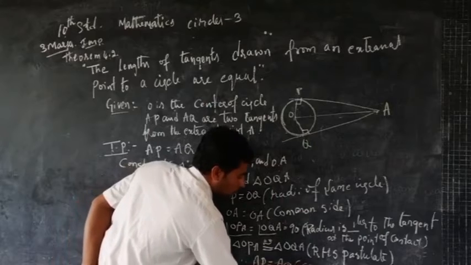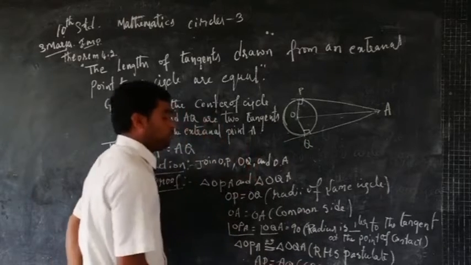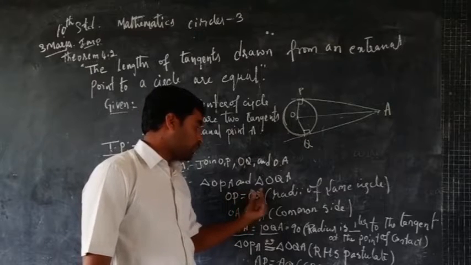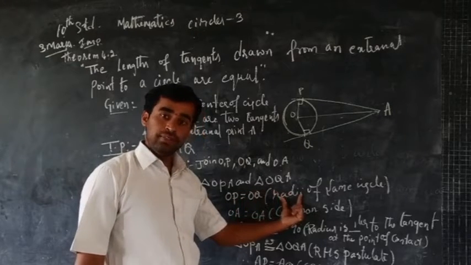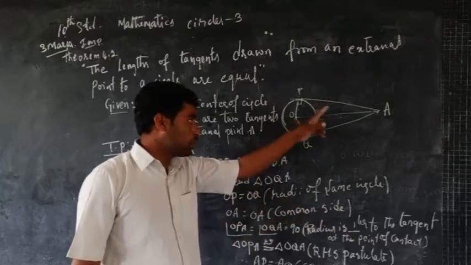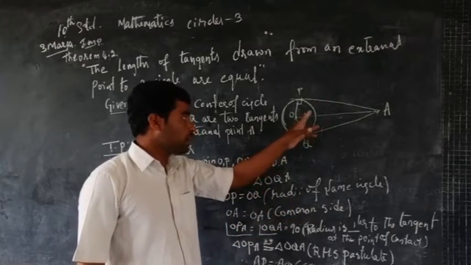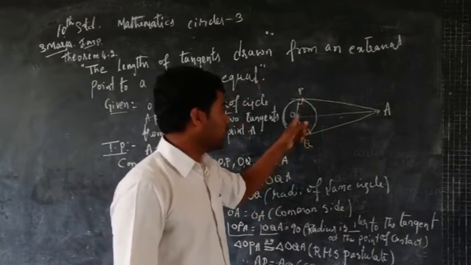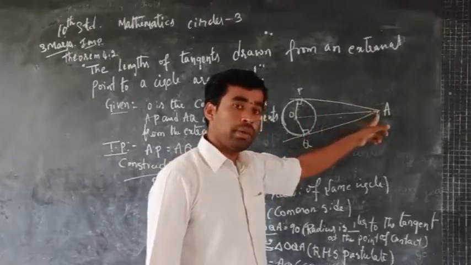That is CPCT. For every statement you write, we must write the reason. It's very important. So I have taken these two triangles. In these two triangles, the length of OP is equal to OQ, radii of the same circle. OA is equal to OA, common side.